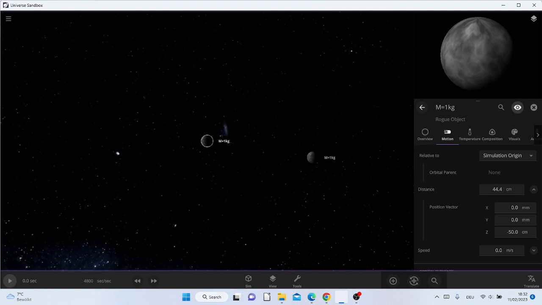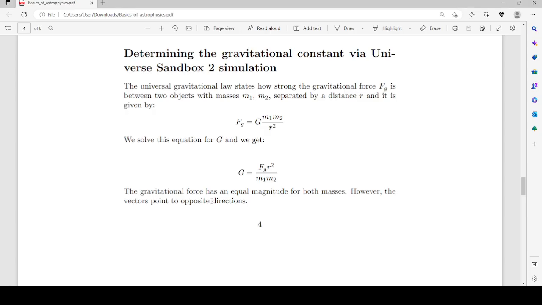From that on, we are using a physical formula to get the gravitational constant G that I'm showing right now. Here we have the gravitational law from Newton: the gravitational force equals the gravitational constant G times the two masses over the distance squared, meaning the distance between the centers of the bodies, which is 50 centimeters times 2, so 1 meter, and they have masses of 1 kilogram.